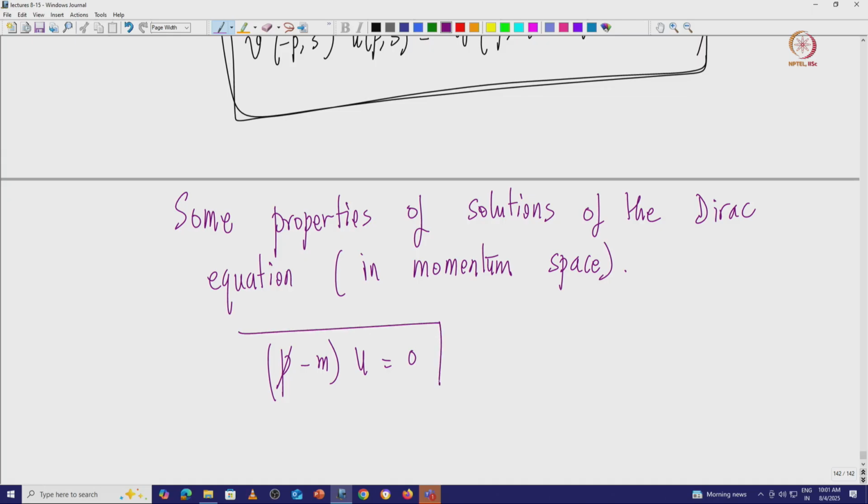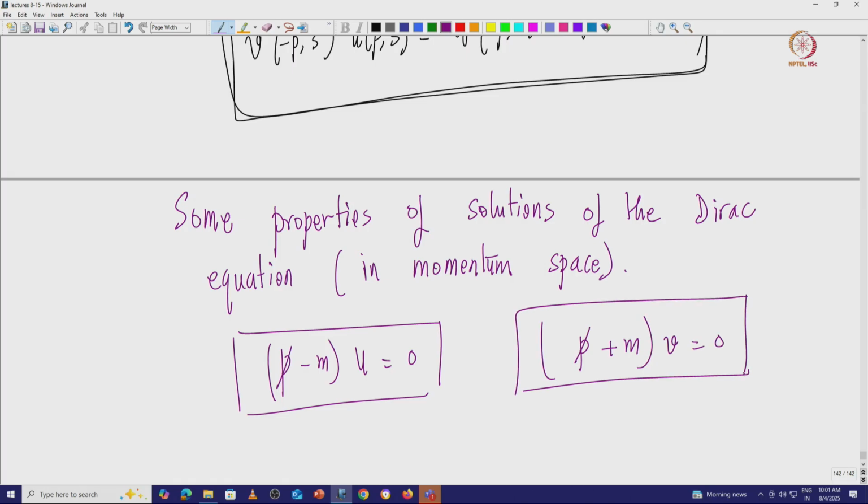This is the positive energy solution of the Dirac equation. p slash plus m acting on v equals 0. This is the negative energy solution of the Dirac equation.